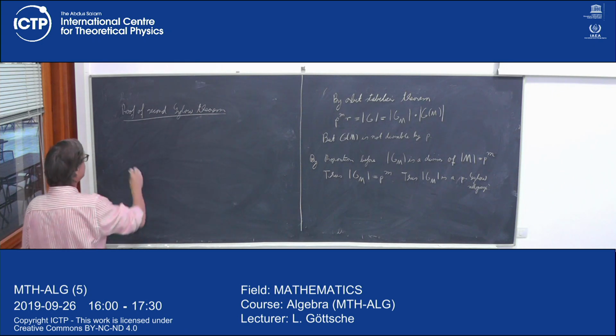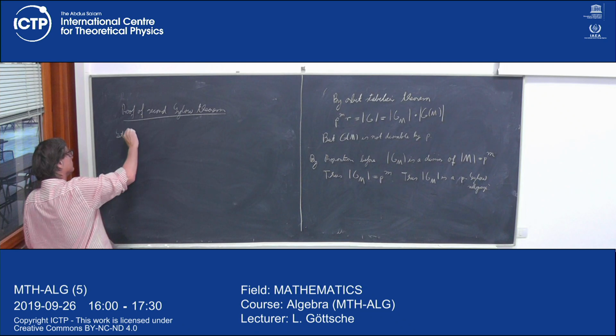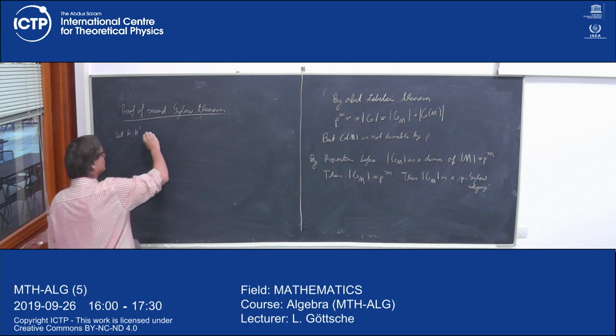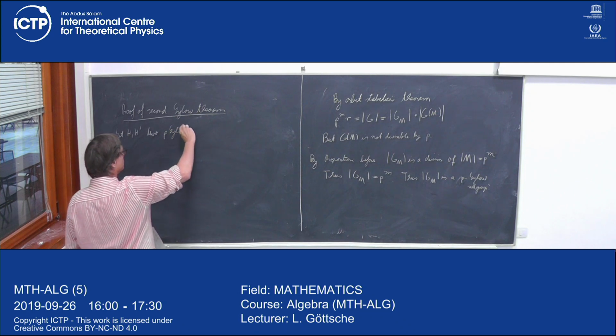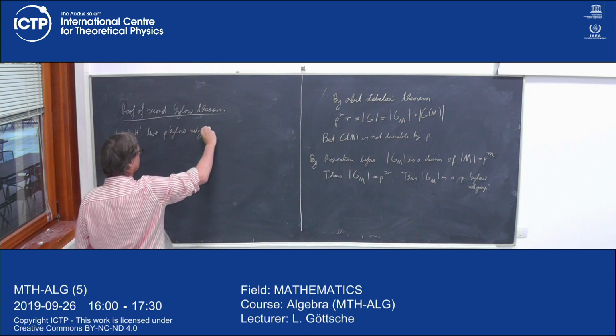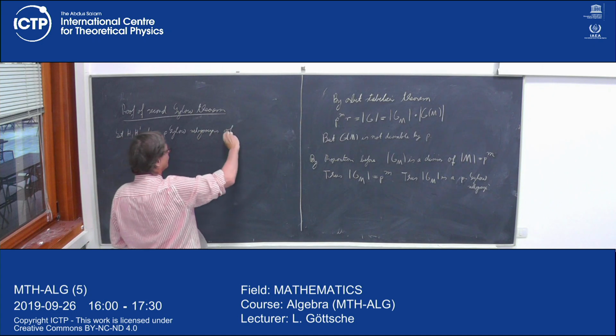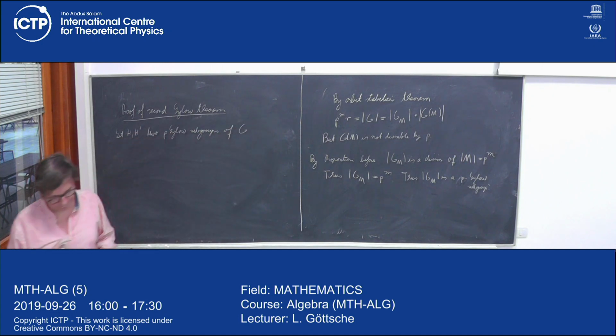So we take two Sylow subgroups H and H prime of G, and we have to show that they are conjugate.